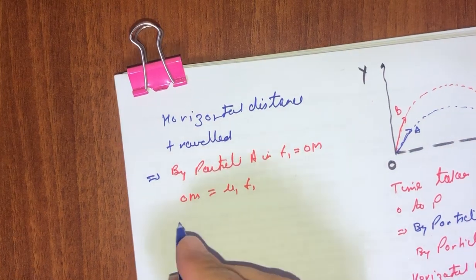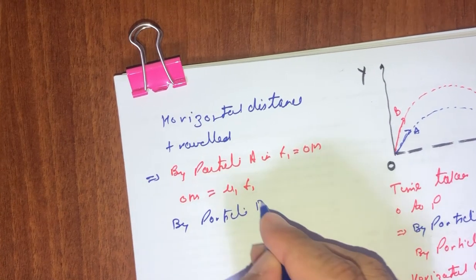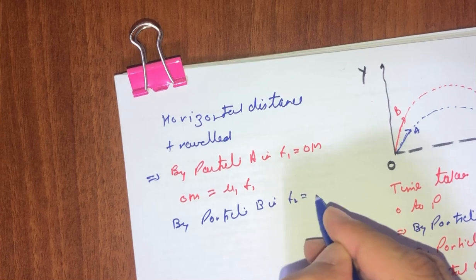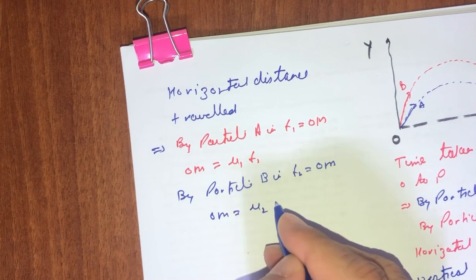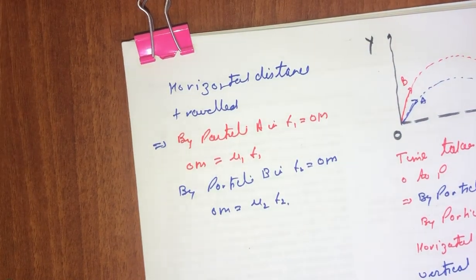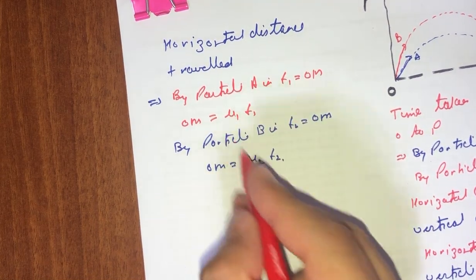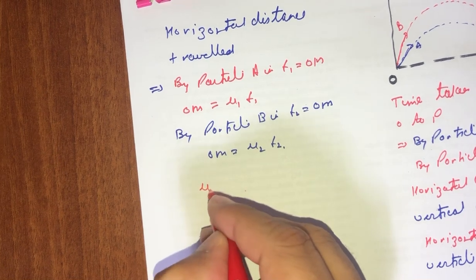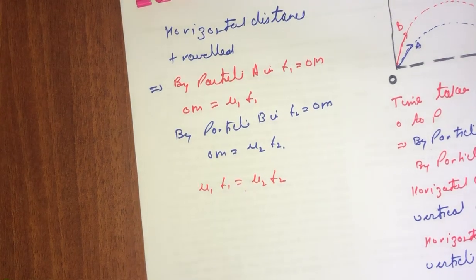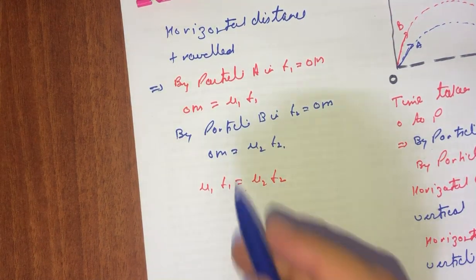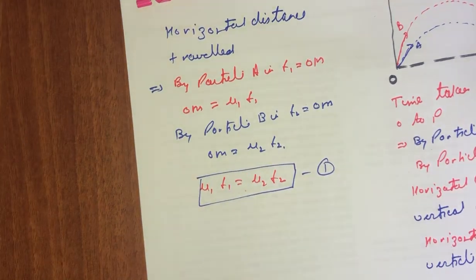And similarly, by particle B in time t2 is also OM, so OM is equal to u2 times t2. So from these two we can say that OM is equal to OM, left sides are equal. So u1 t1 is equal to u2 t2, and let us call this equation number 1.